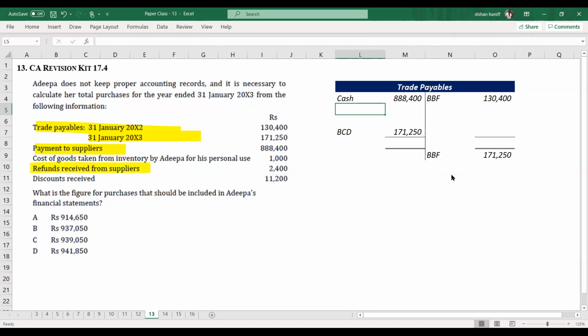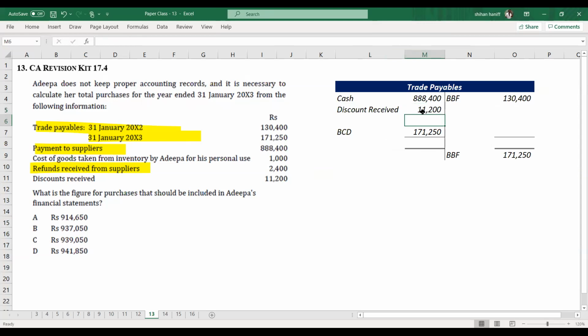Refunds received from suppliers. Discount received will be debited, 11,200.